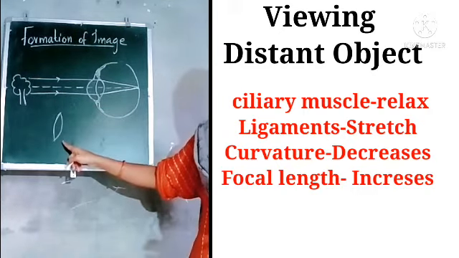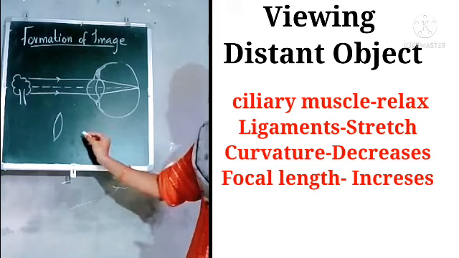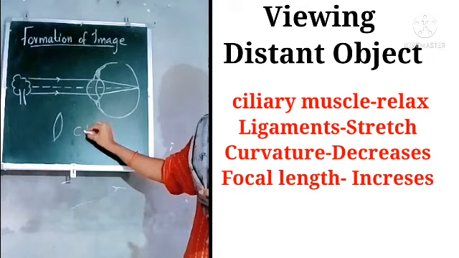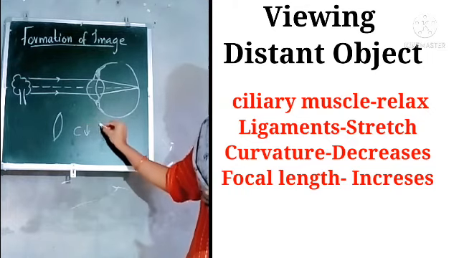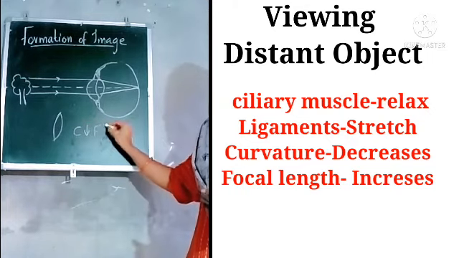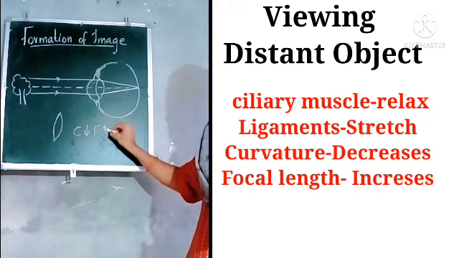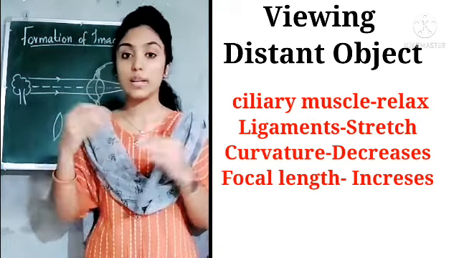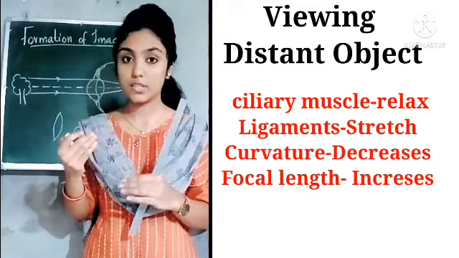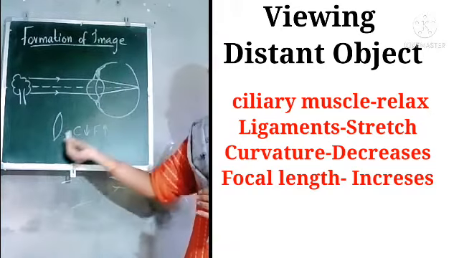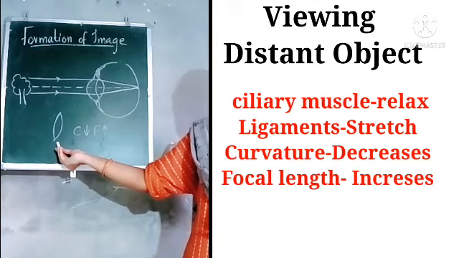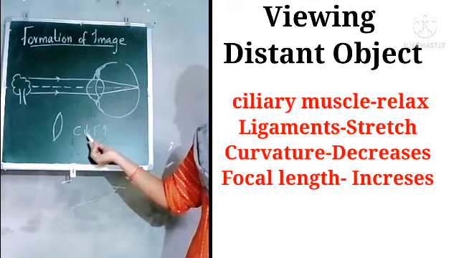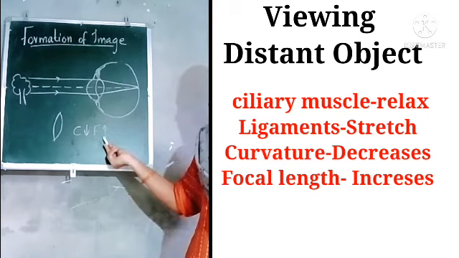So when the convex lens becomes thinner, we know that the curvature of the lens decreases and as a result, the focal length of the lens increases. So when the ciliary muscles relax and the ligaments stretch, the convex lens becomes thinner, the curvature decreases and the focal length increases.